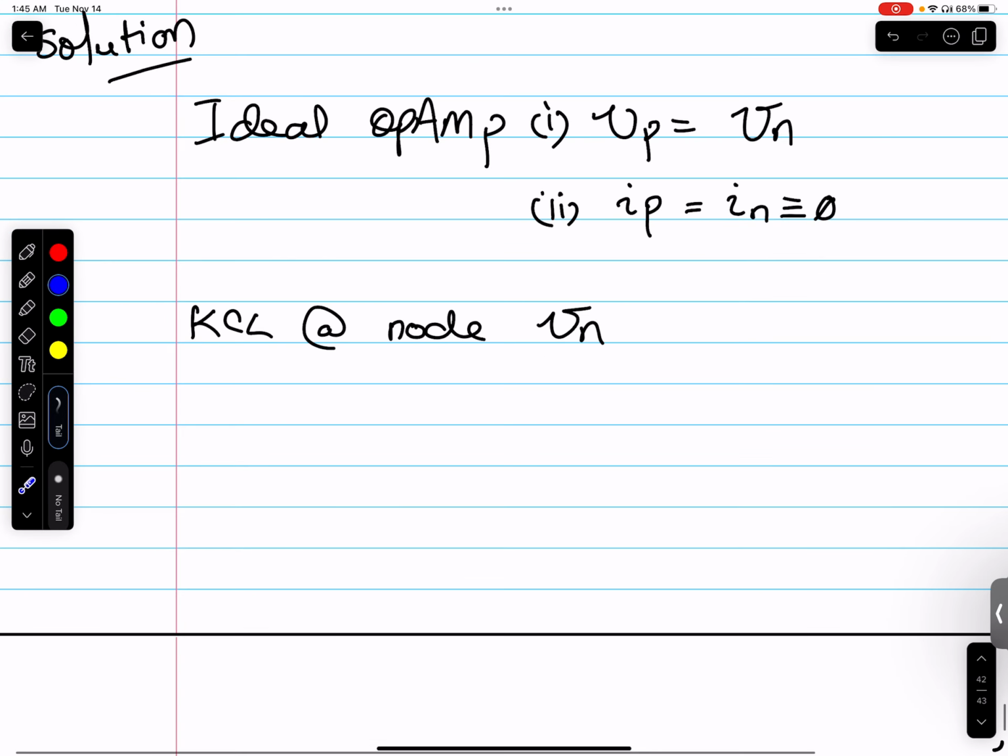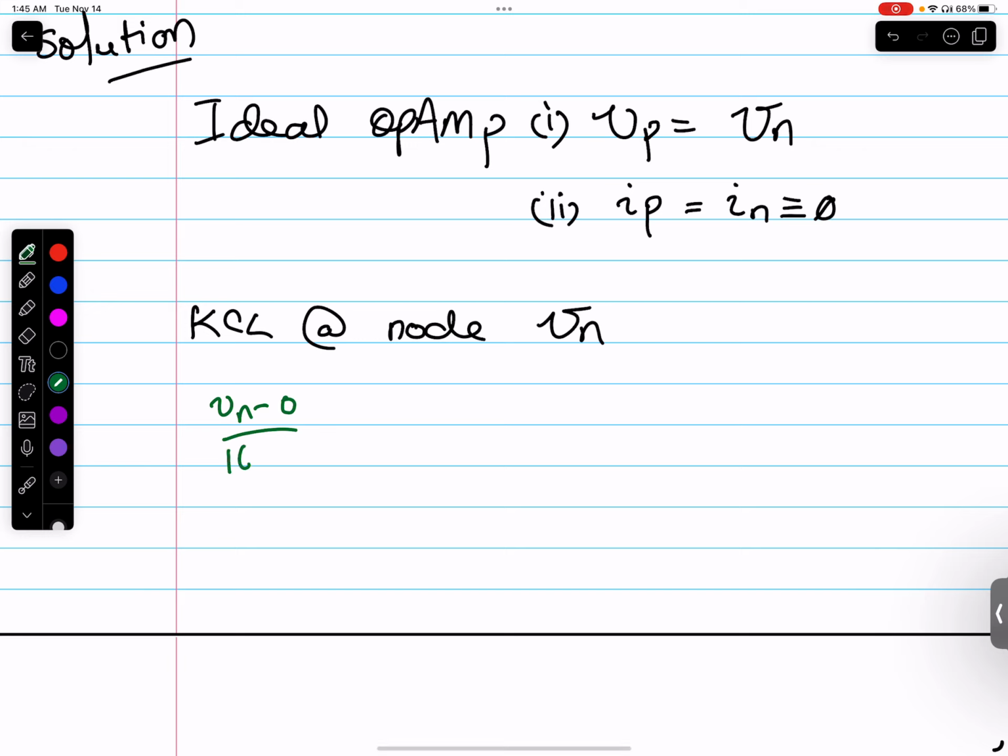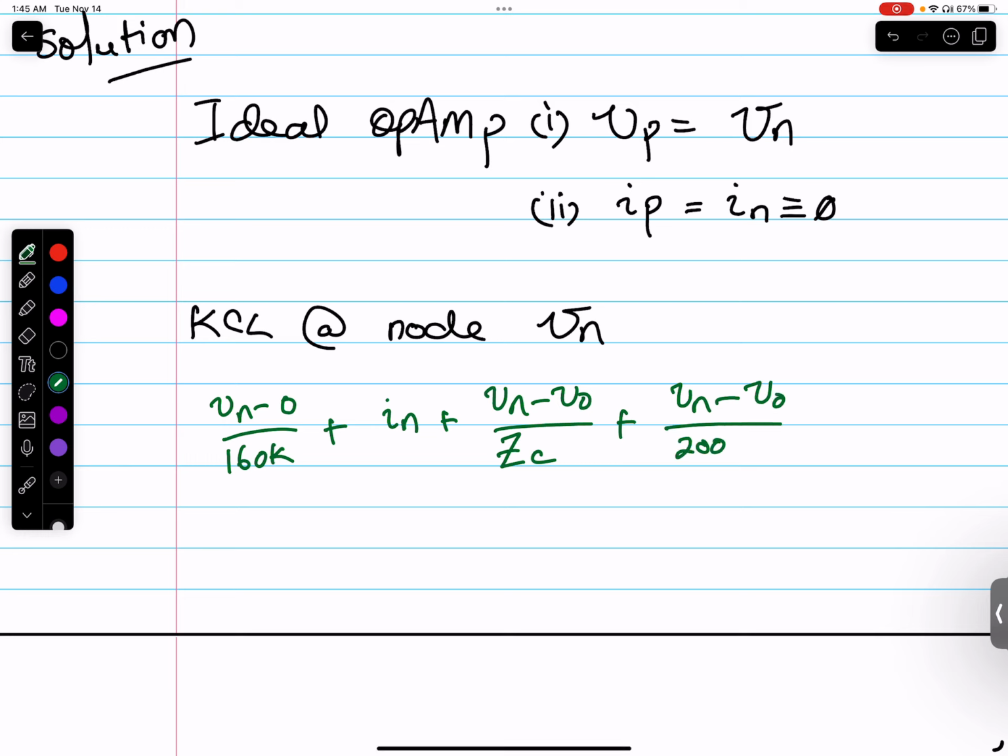So at node Vn, you remember, Vn minus 0 by 160 kilo ohms plus In, the current going into the op amp, plus Vn minus V0 by Zc plus Vn minus V0 by 200 kilo ohms. All of that equals 0.